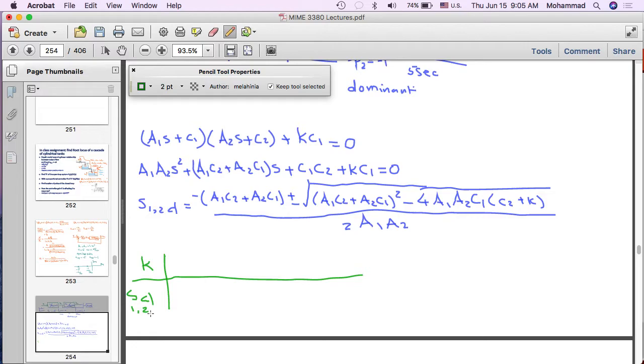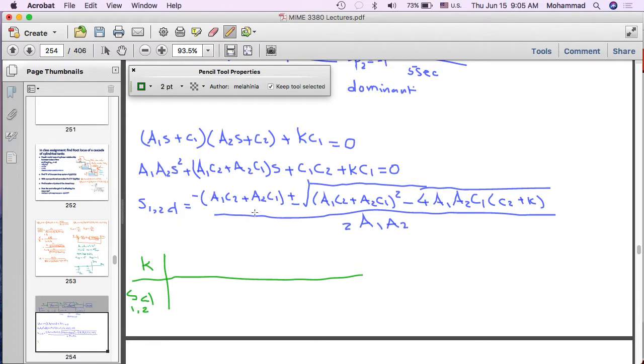Now, A and C are real numbers. How do we know? Because they represent physical parameters, like the cross-section area of a tank or the coefficient of an orifice. They can't be imaginary numbers. So when you take a closer look at this equation for the two poles, is the first part a real number or an imaginary number?